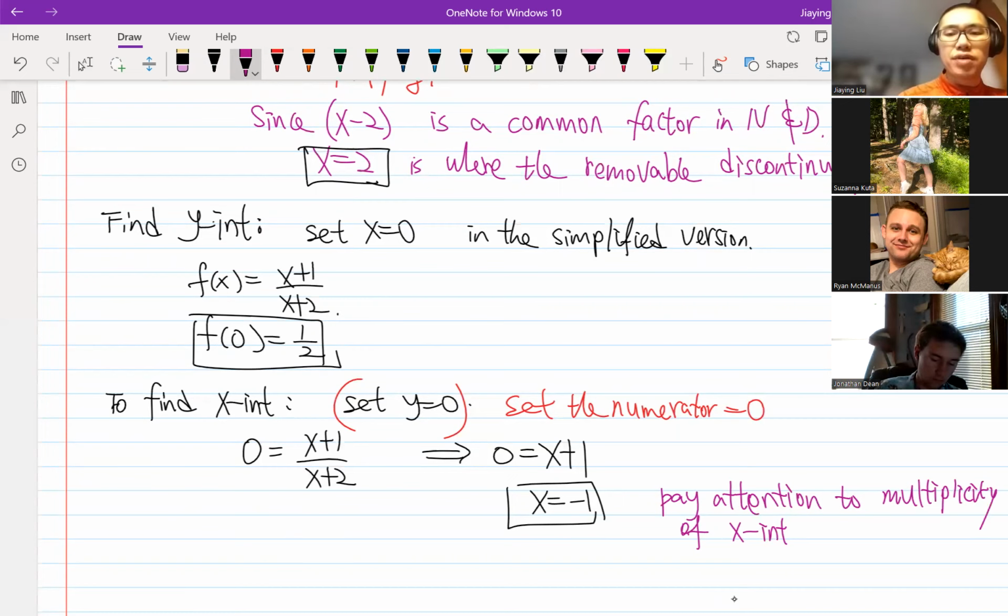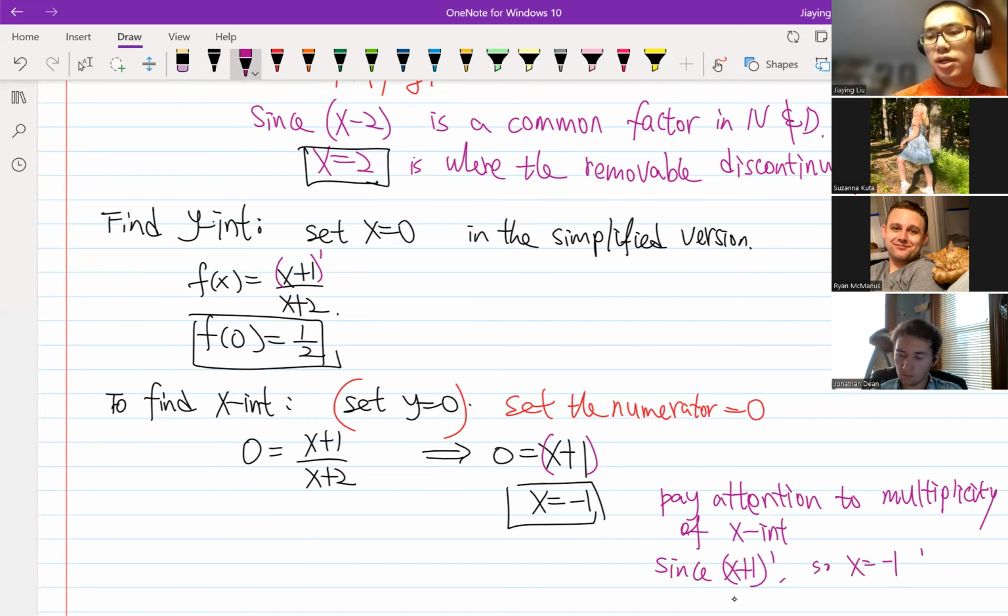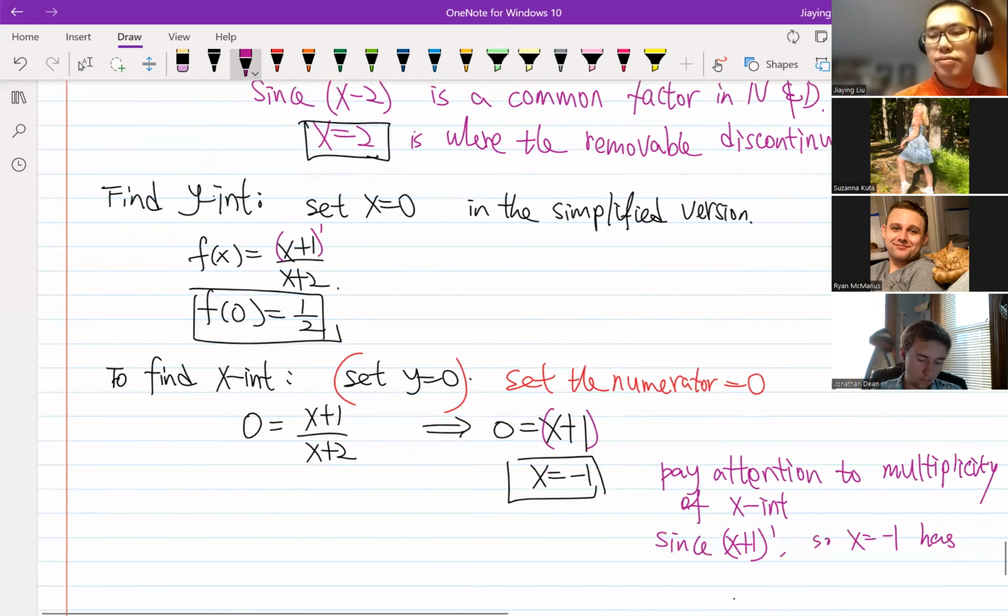So here we have x plus 1 to the first power in the numerator. Since x plus 1 has the exponent of 1, x equals -1 has multiplicity of 1.